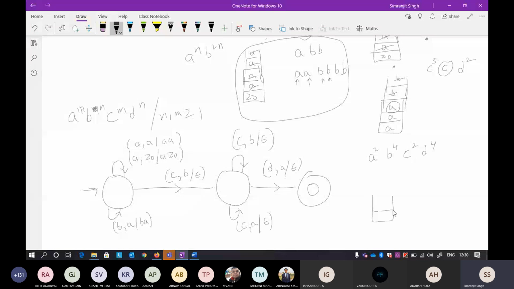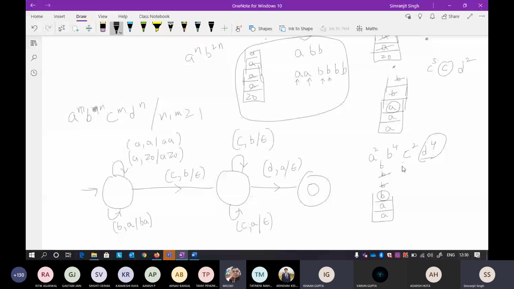For that, I will push A and then B, B, B. For C, I will pop it, and now for D there are four B's. So 2 plus 4 and 2 plus 4, it will always be empty. We are pushing six elements and then popping six elements, so I don't think there will be an issue.